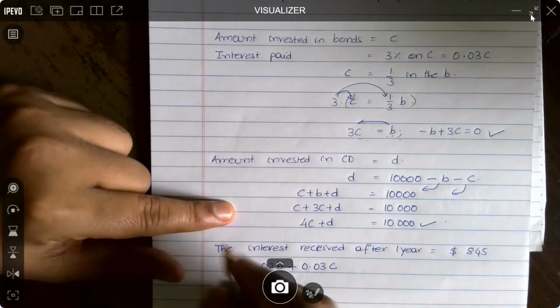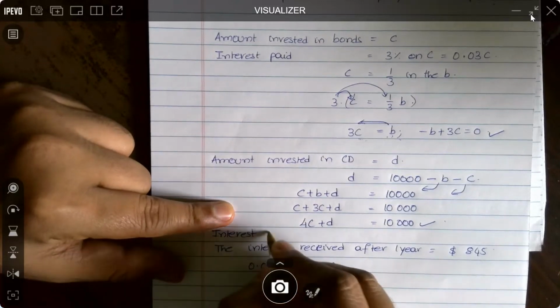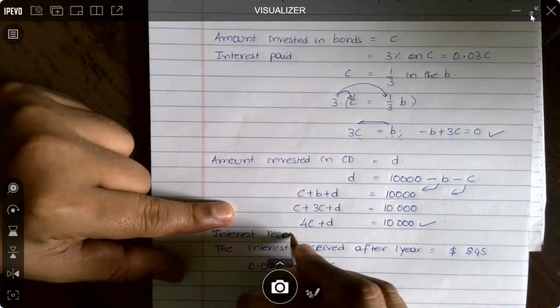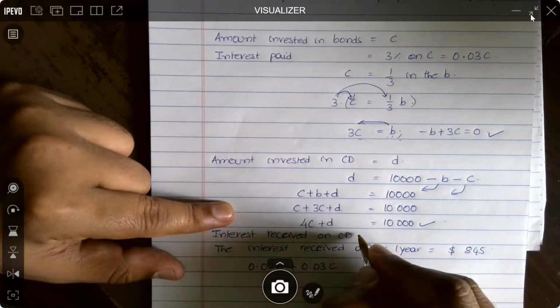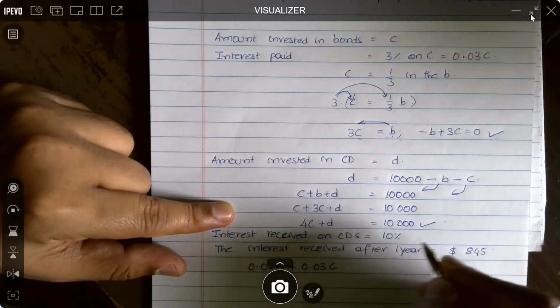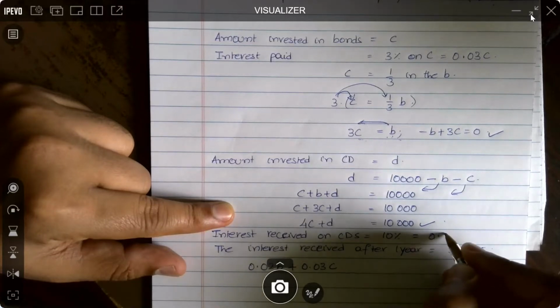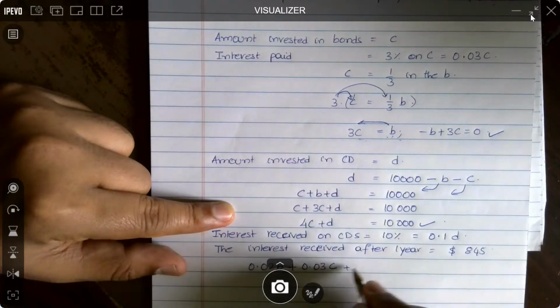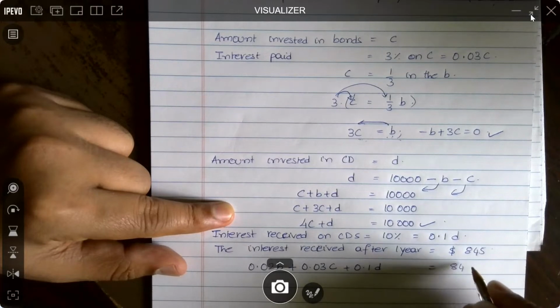The interest on CDs is 10%, so 10 by 100, which is 0.1 D. So plus 0.1 D is going to be 845.